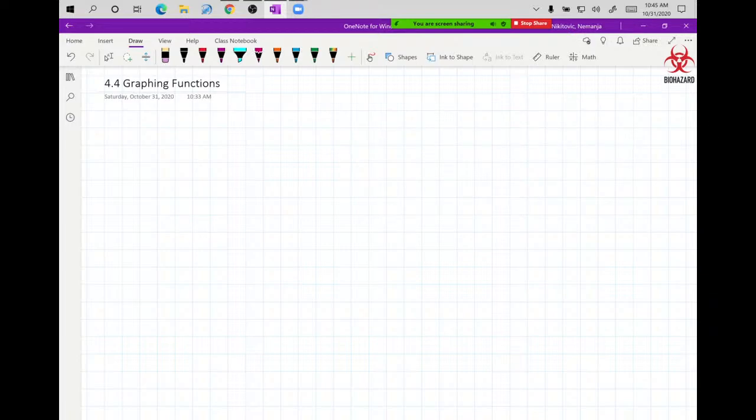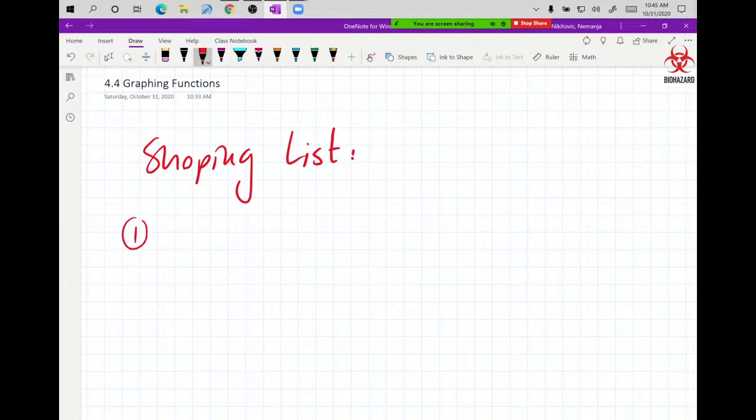All right, so let's go and take a look at one of these problems before what I call a shopping list. Shopping list of things we calculate before we graph the function.